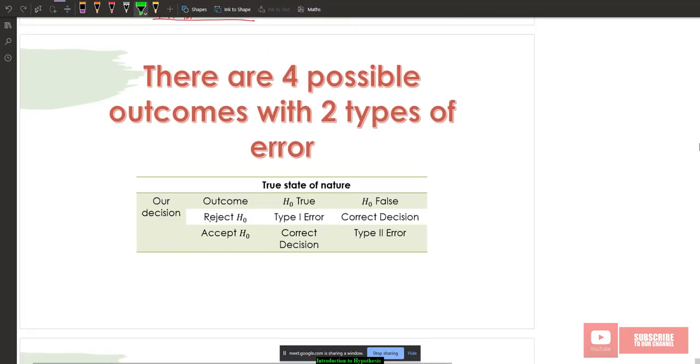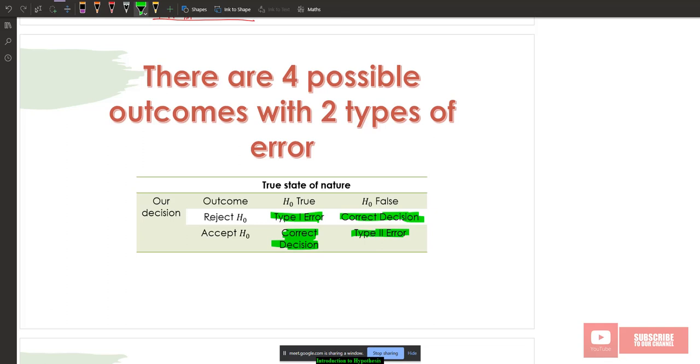So now we move to the next slide, which is types of error. There are 4 possible outcomes in our decision in a statistical test, which is hypothesis testing. Either we make a correct decision, or we make an error.